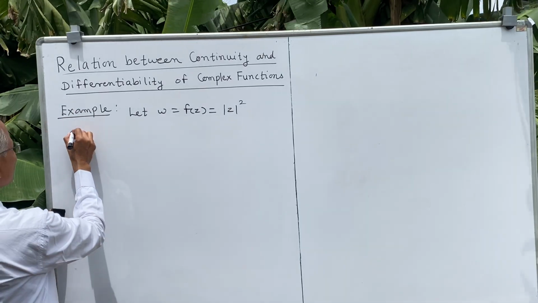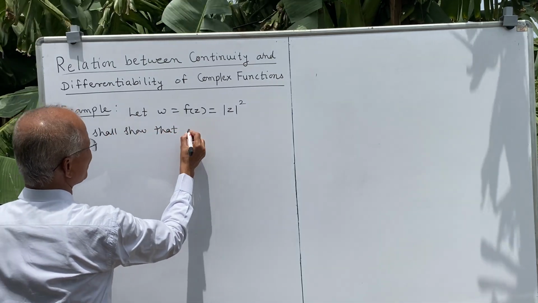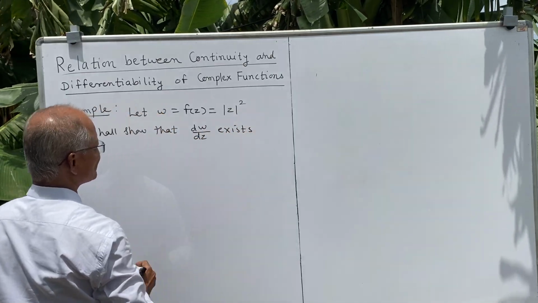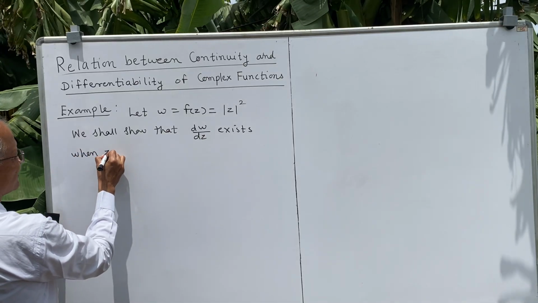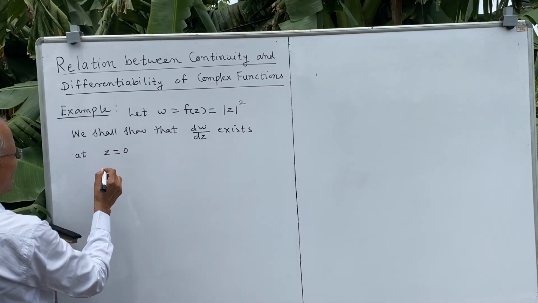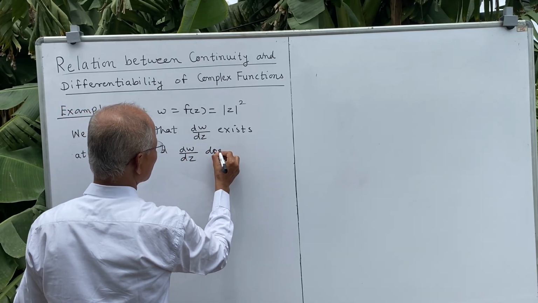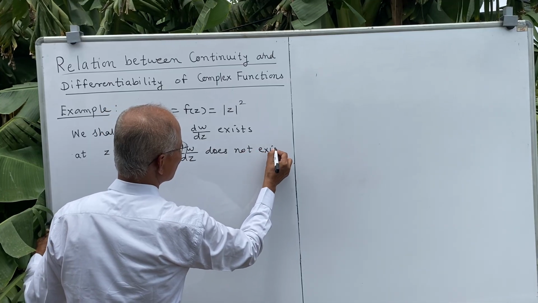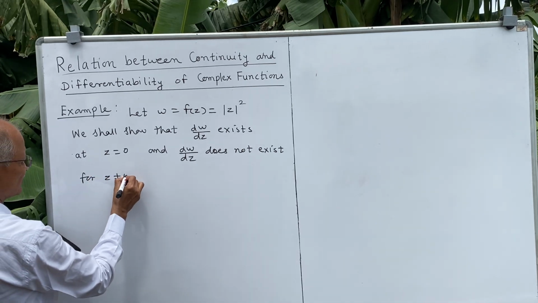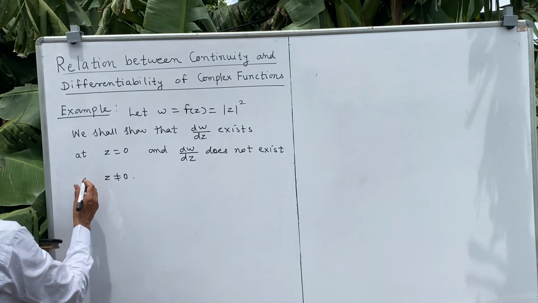Then we shall show that dw by dz exists at z equal to 0, and dw by dz does not exist at z not equal to 0.